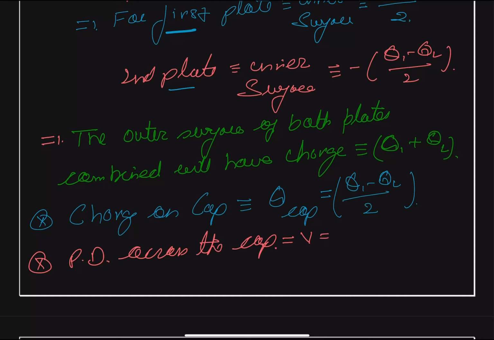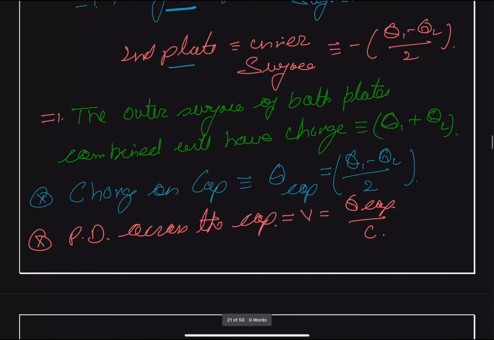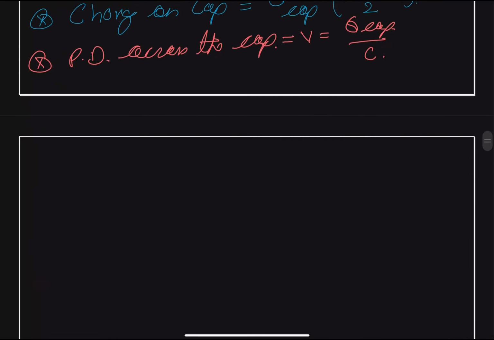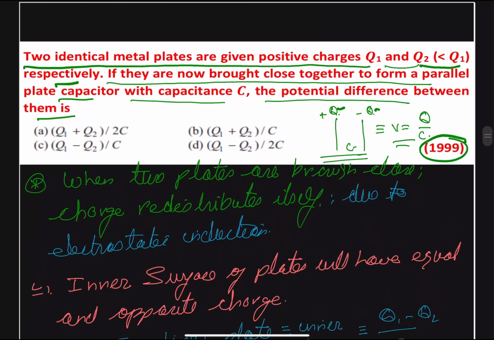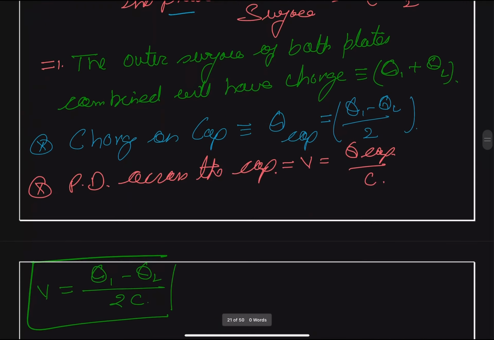That is V will be equal to Q cap divided by C, the capacitance of the parallel plate capacitor. Therefore V will be equal to (Q1 minus Q2) divided by 2C. So this is our potential difference between the two plates. Option D is the correct one.